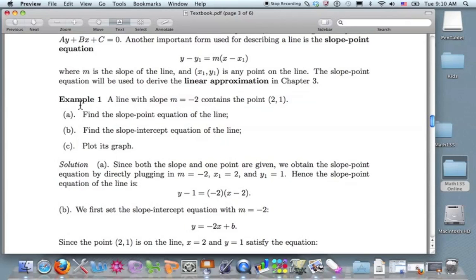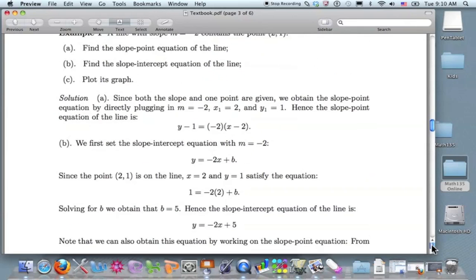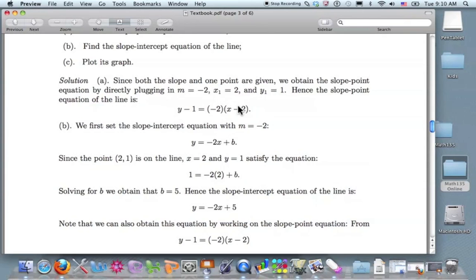Now let's go through the example quickly. If we are given the slope and a point, how do we form the slope-point equation or the slope-intercept equation? And also how do we plot the graph? For the slope-point equation, it's direct because the slope and the point are given, so we just plug in.